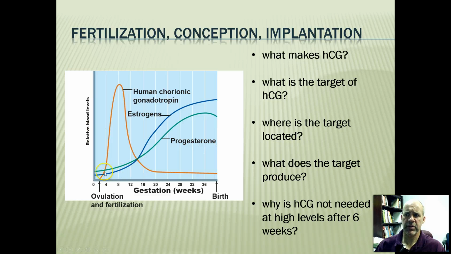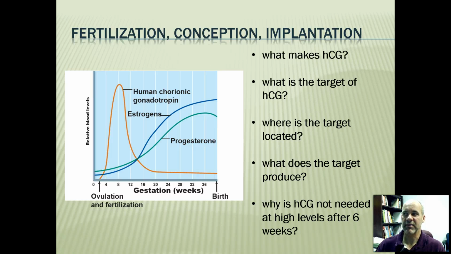Notice for the first several weeks of a pregnancy, estrogen levels and progesterone levels are fairly low, but they're there at high enough levels to make sure that uterine lining doesn't slough off and cause a miscarriage to take place. And so early on over here, the placenta has not developed enough to be making estrogens and progesterone.